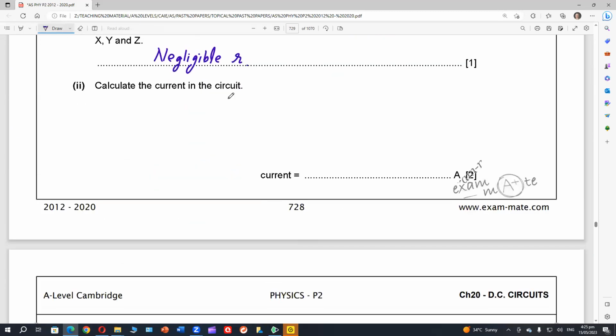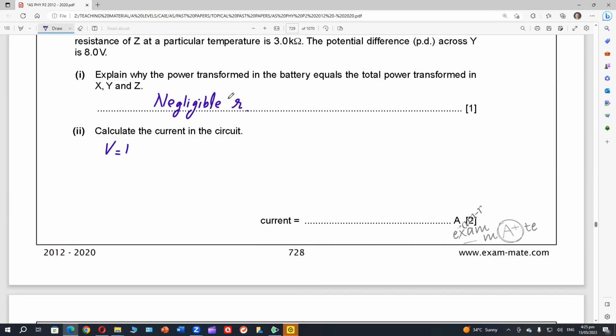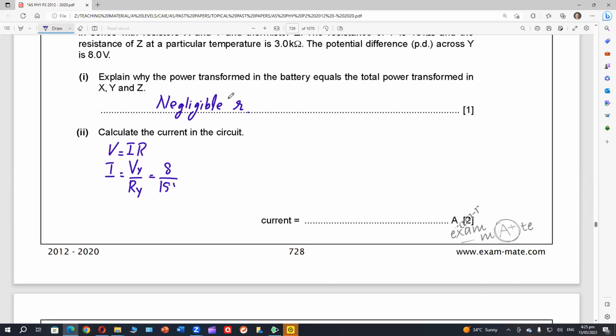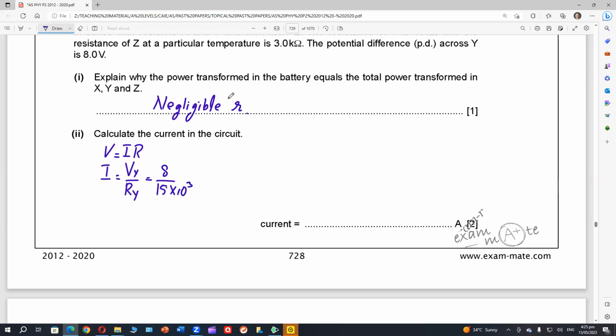So 8 volt and 15 kilo ohm. It is 5.33 into 10 power minus 4.